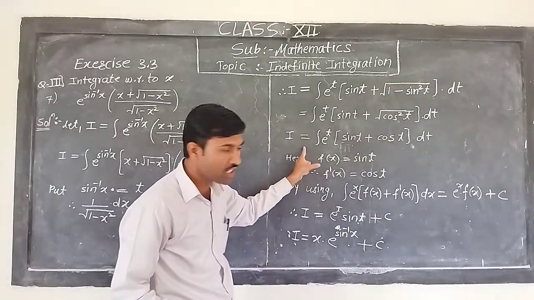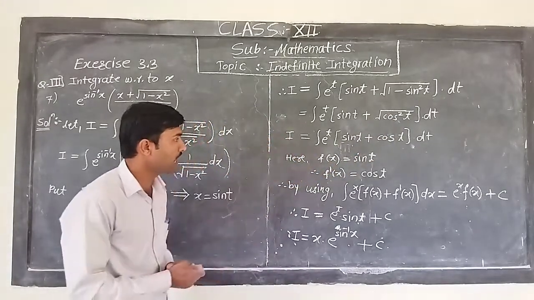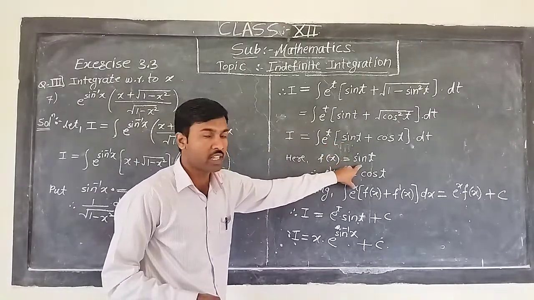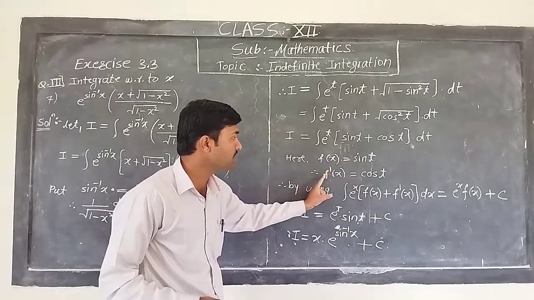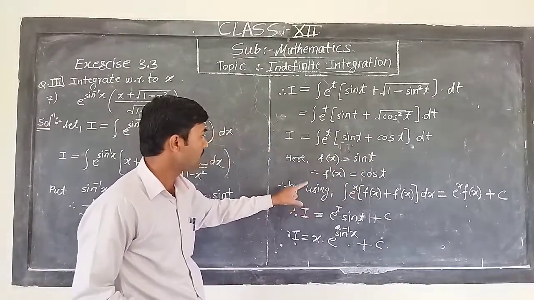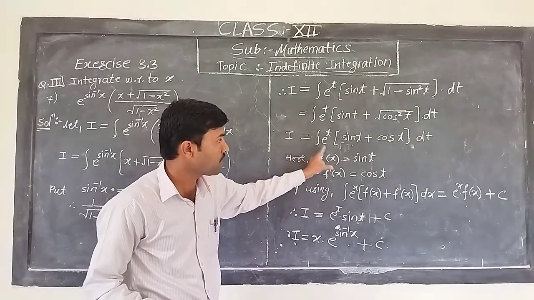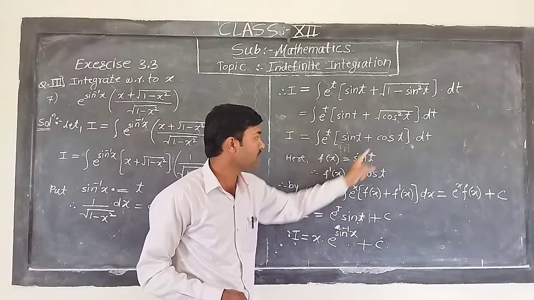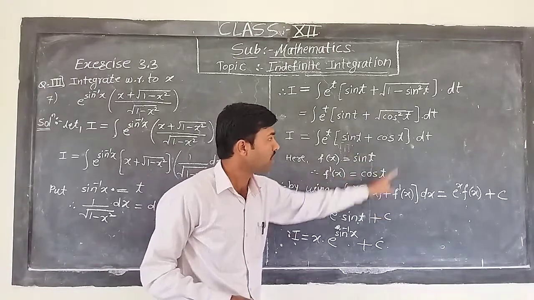If we observe this equation, we see here is a function f of x. f of x is sin t and its derivative f dash x is cos t. So this is the same as the integration of e raised to x into (f of x plus f dash x) into dx.